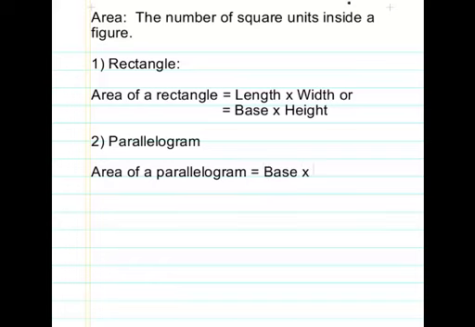It's its base times its height. Also recall that a parallelogram is really just a 4-sided figure with 2 pairs of parallel sides, and those parallel sides are on opposite sides of the figure. So really a rectangle is a parallelogram, so it only makes sense that the area of a parallelogram and the area of the rectangle are the same thing.